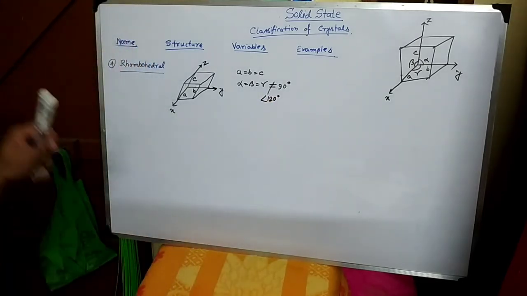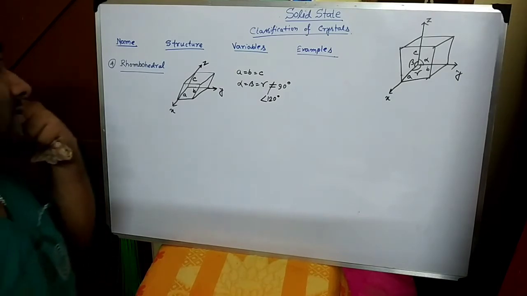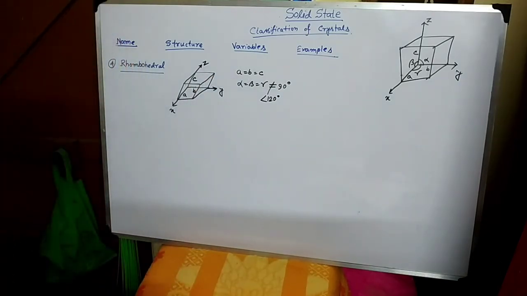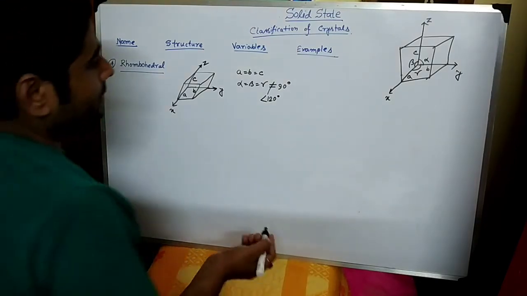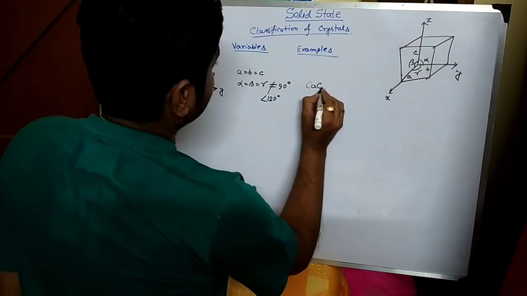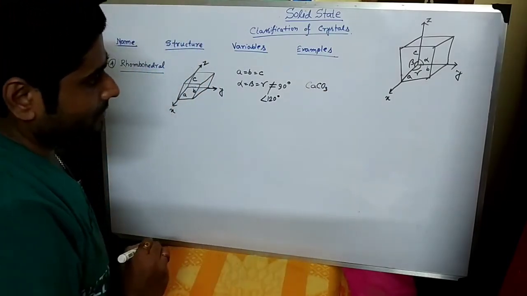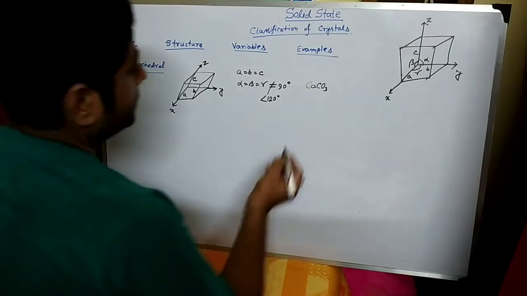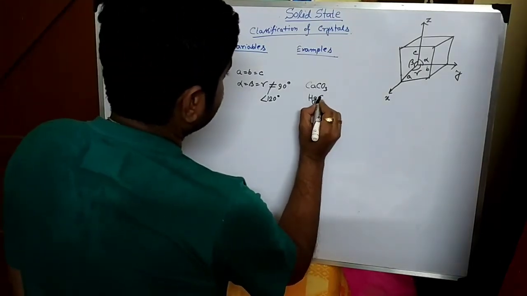So this is the restriction on angles. Examples: calcium carbonate crystals, and another, mercury sulfide, HgS.